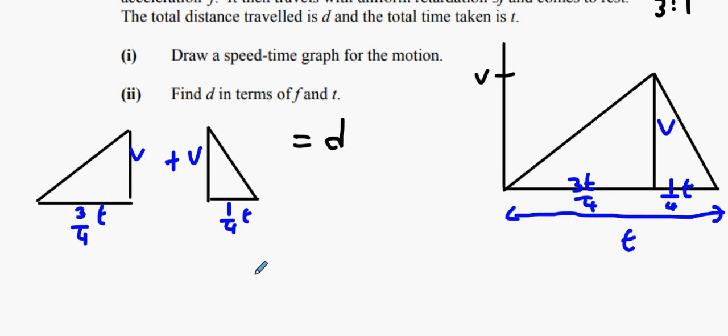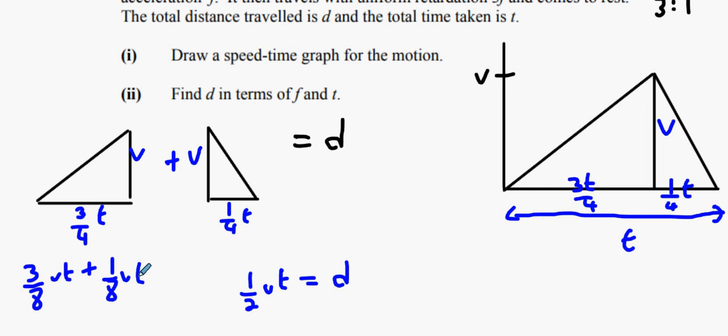So the answer will be a half vt equals d. But if you aren't sure about that, what's a half of 3/4? Yeah, so this would have been 3/8 vt plus 1/8 vt, and that would give you a half vt.